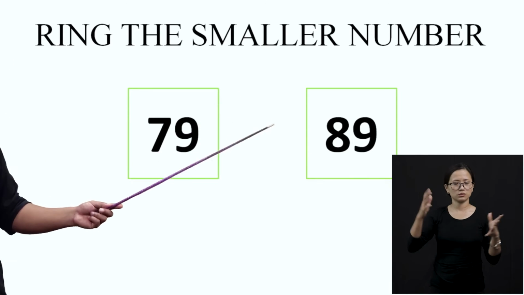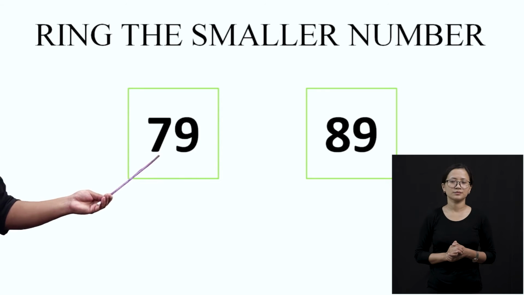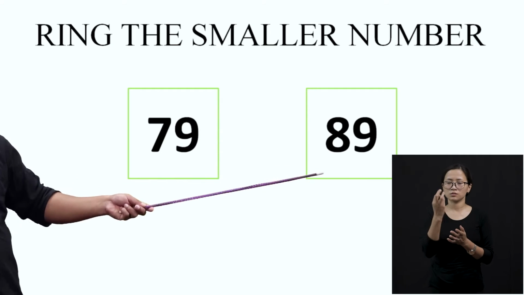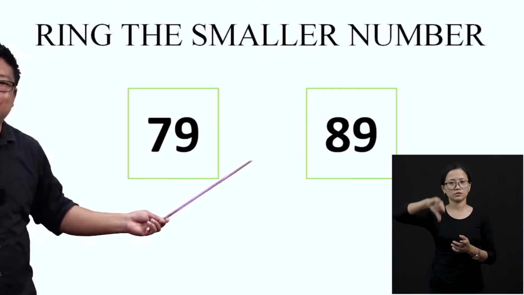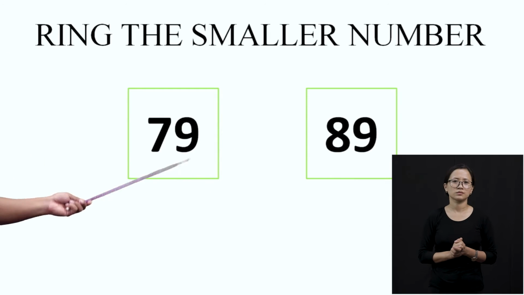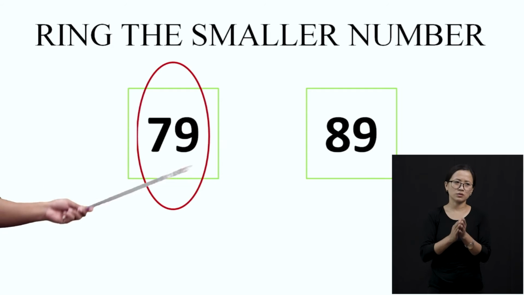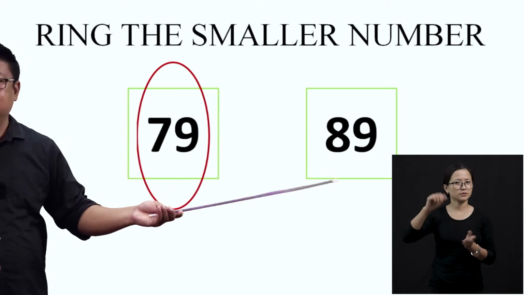So we can also say that 8 tens is bigger than 7 tens. So since 8 tens is bigger, this number 89 is bigger than 79. Or we can say 79 is smaller than 89. So we will circle 79 to mark that this is smaller than 89.